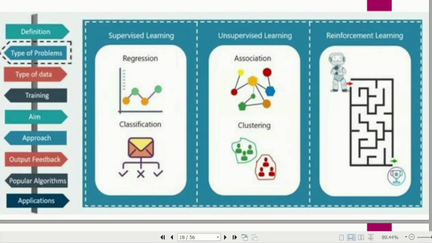Regression is a type of supervised machine learning technique that is used to predict continuous values. Continuous quantities can be predicted by the regression process. So in regression, the prediction is a continuous quantity, and the second one is classification, which is to predict a label or class.